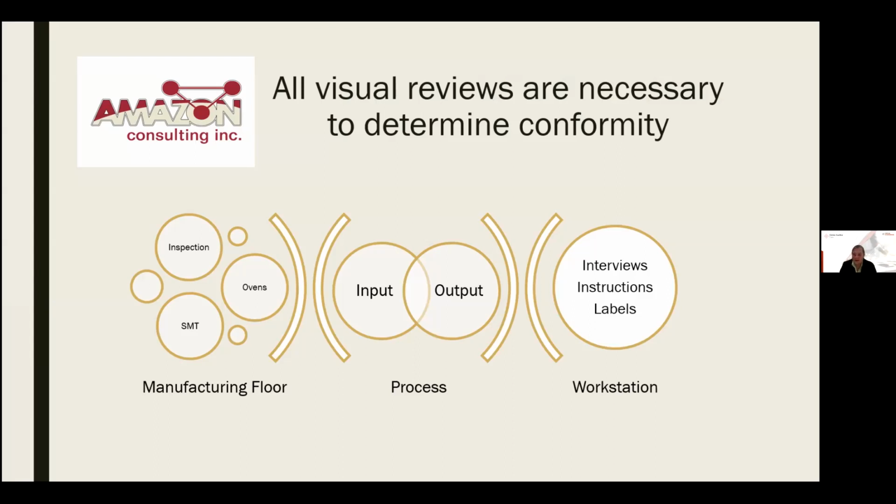I do a panoramic view with my eyes, turning my head, and I look at the whole room. And then when I go in, I step through and I'm looking more at the process, a bigger view still, until I get to a station, and then I'm looking directly at the station.